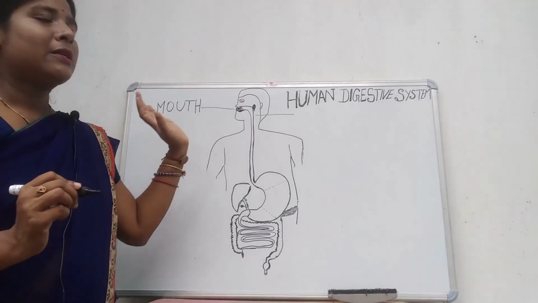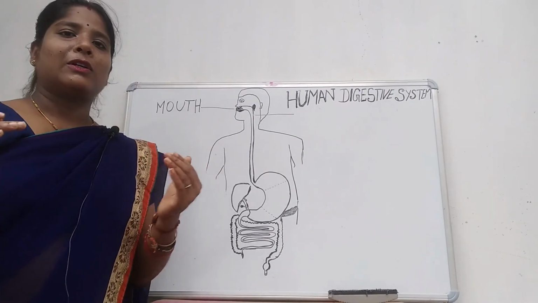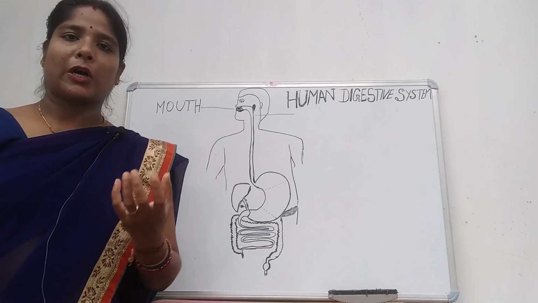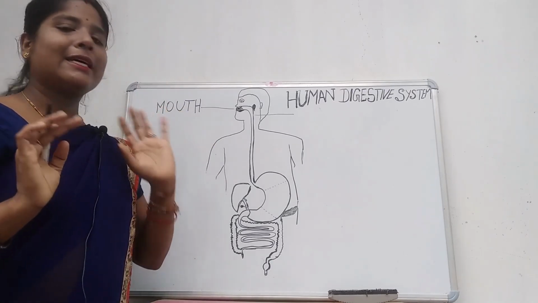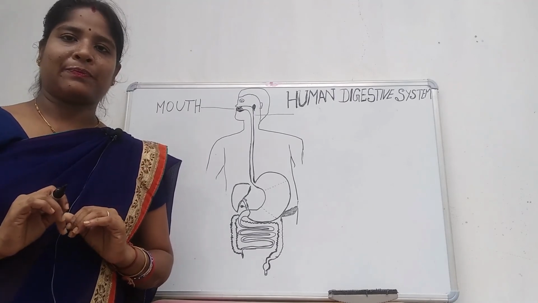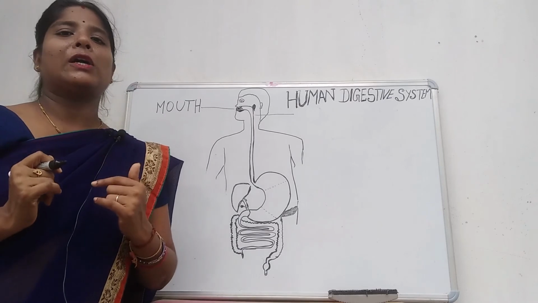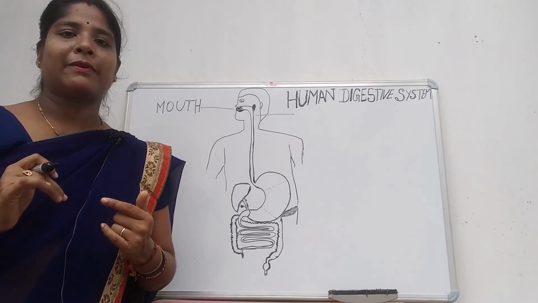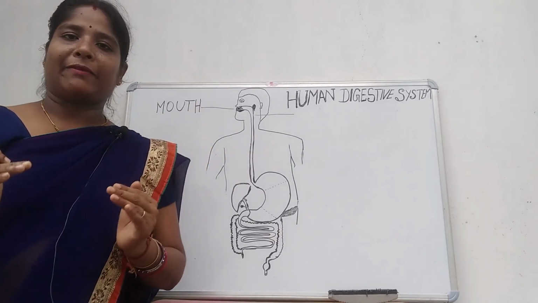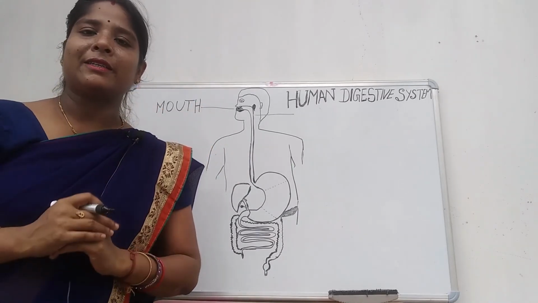All of you may have seen, you may also know, that the teeth, tongue and salivary glands are present inside the mouth. So the cavity inside the mouth is called the buccal cavity, right? The buccal cavity is the space inside the mouth.